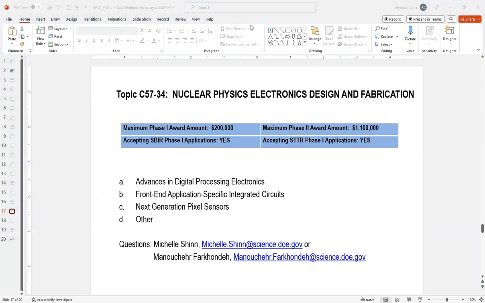Would you be okay with overlap in quantum computing in some of this work? The short answer is you can mention it on the side, but that is not what this topic is about at all. And if you try to make that the focus, then we would reject it as not responsive.